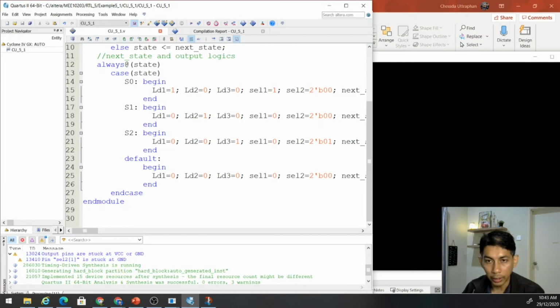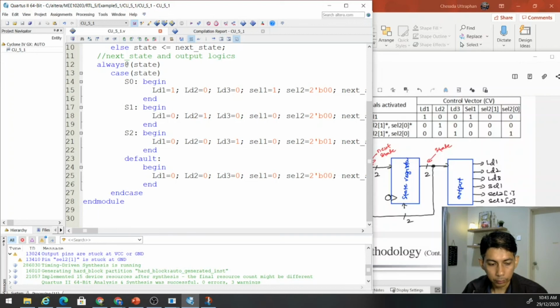So in this case, where is SEL2 1? It should be this SEL2 1. And when we look at here, yes, it is definitely always 0, always stuck at 0. So the question is, do we want this?